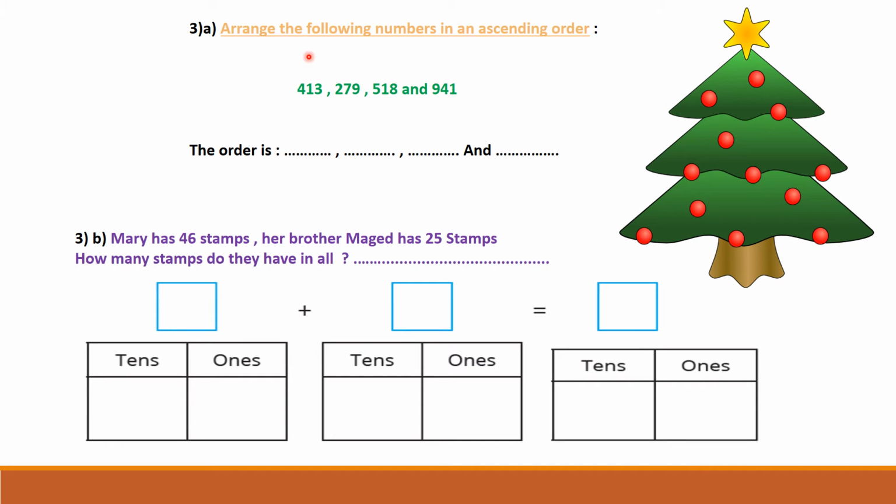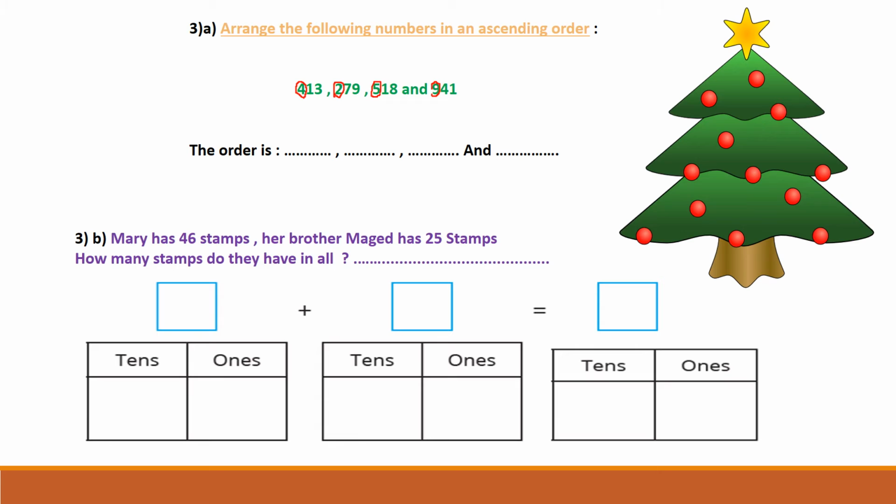Here he wants to arrange the numbers in ascending order. So ascending means from the smaller to the greater. So first of all, what do I do here, Junior 2? I should circle the number in the hundreds. So here 4, and here 2, and here 5, and here 9.